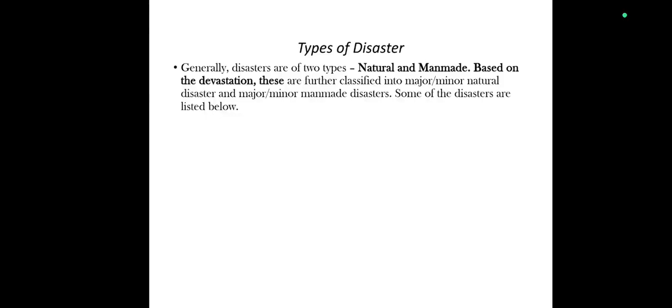Now types of disaster. Generally, on the basis of sources, disasters can be of two types: natural disaster and man-made disaster. Natural disasters are caused by natural phenomena, of meteorological, geological, or even biological origin. Examples are cyclone, tsunami, earthquake, and volcanic eruption, which are exclusively of natural origin.